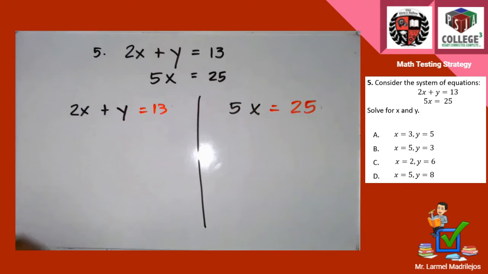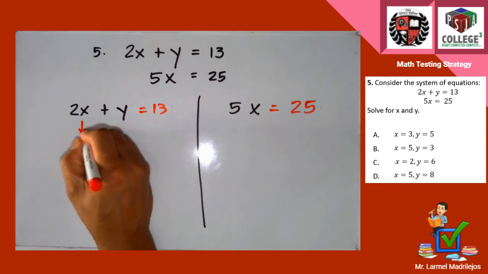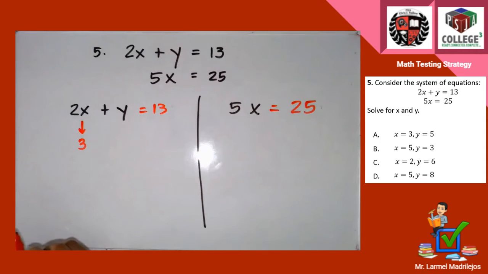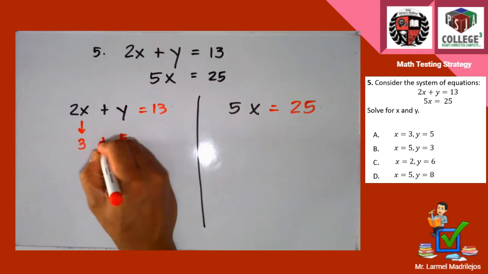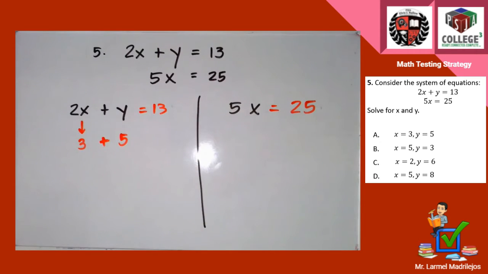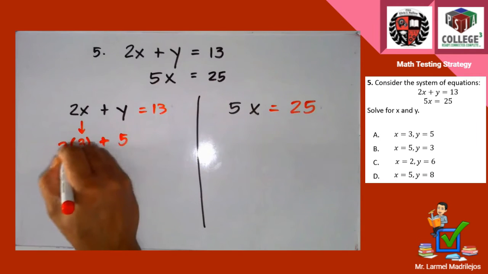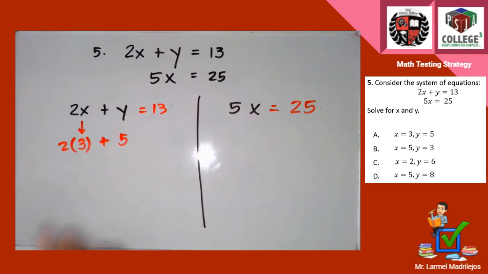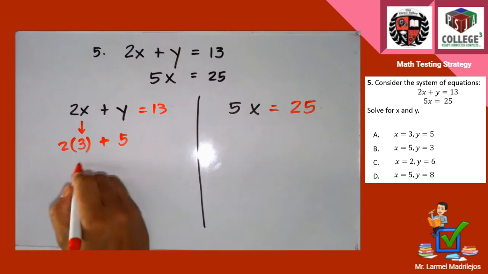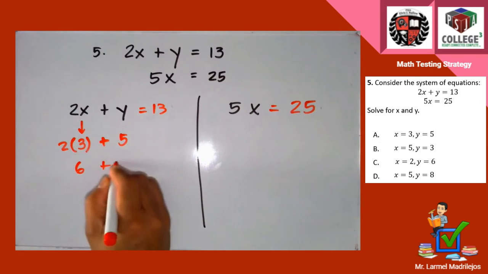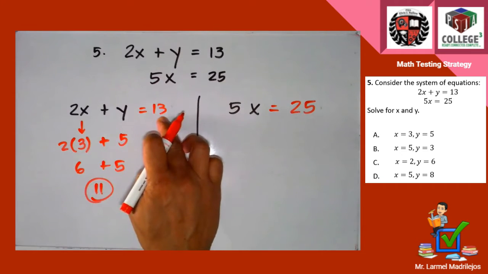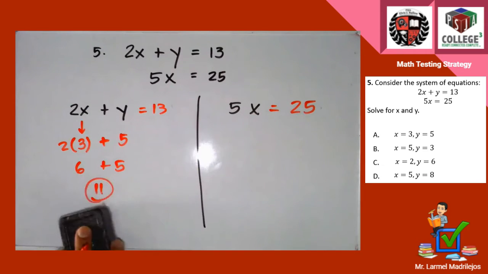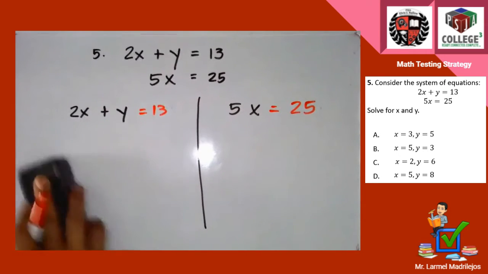If I look at choice A, they said x is 3 and y is 5. If I multiply 3 by 2, do you think it's going to equal 13? Let's see. 2 times 3 is 6 plus 5, it's 11. This is not equal to 13. So choice A is not an answer.